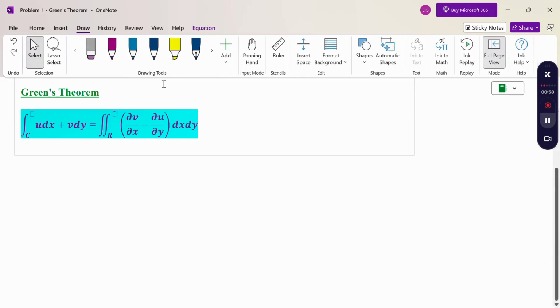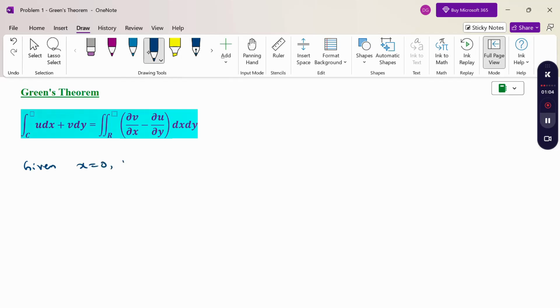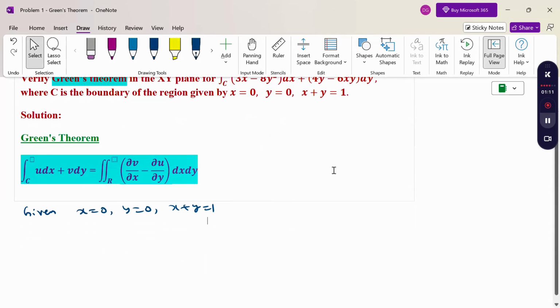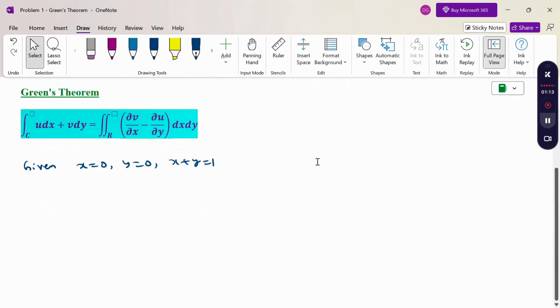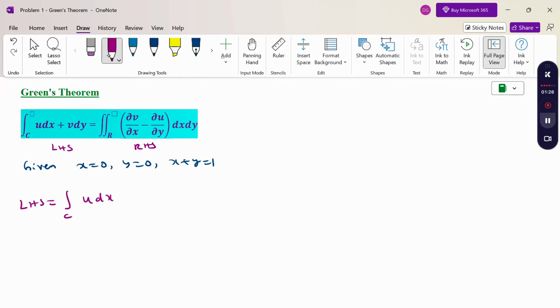Now what is given? The lines x = 0, y = 0, x plus y = 1 are given. The left hand side of Green's theorem is the integral over C of u dx plus v dy, and the right hand side is the double integral.